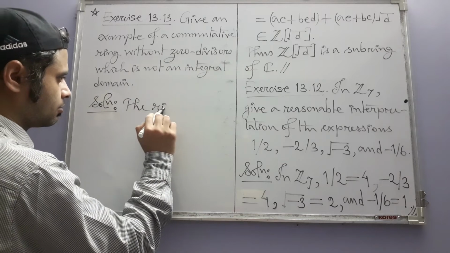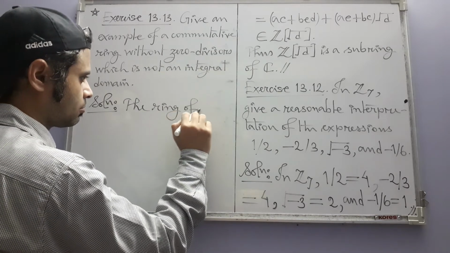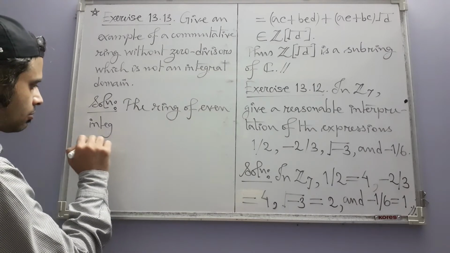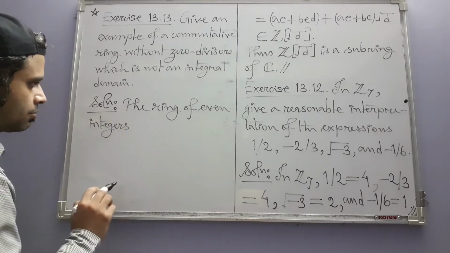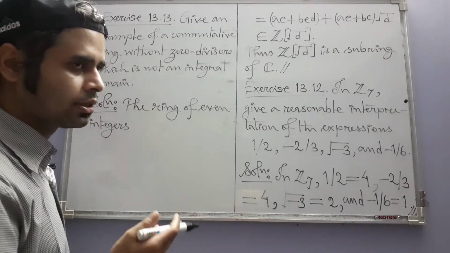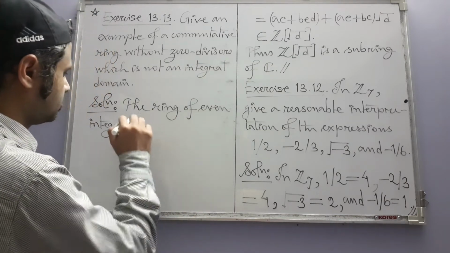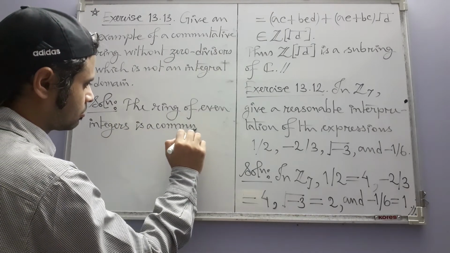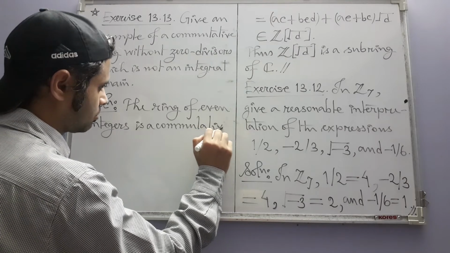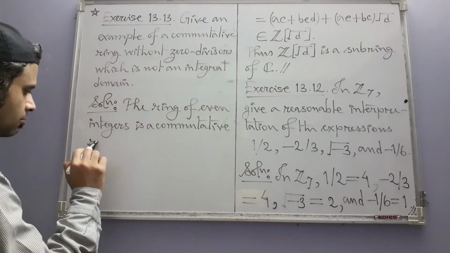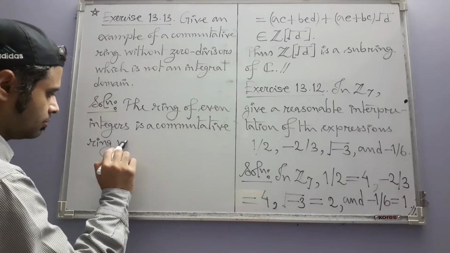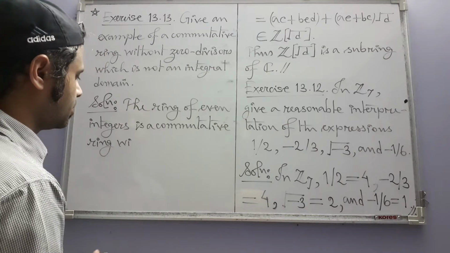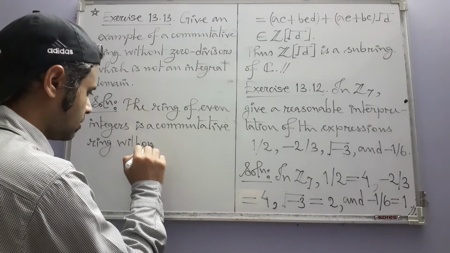The ring of even integers under, of course, ordinary addition and multiplication of integers, is a commutative ring. No doubt about that, because multiplication is our ordinary multiplication, and without zero divisors.